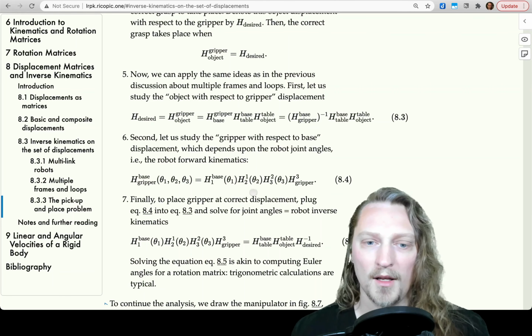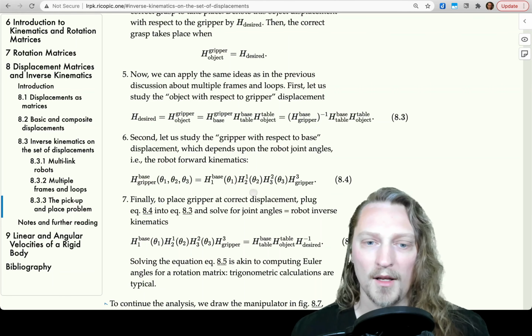Okay, h3,2 in terms of theta 3 is the rotation about x of theta 3. So we see that this x rotation is again what we get for sigma 3. And we write that in terms of sigma 2. There's a displacement of L3, the displacement from this joint to this joint. Okay, finally we have the gripper.